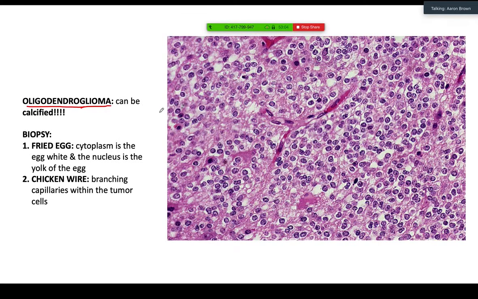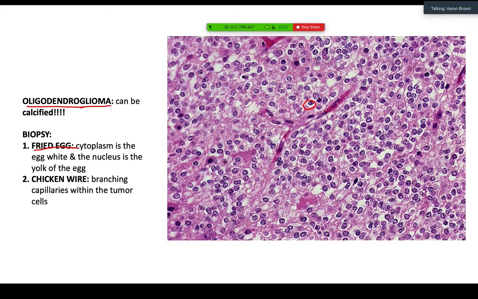All right, so our next type here is our oligodendroglioma. On biopsy, what we see here is this idea of a fried egg cytoplasm. If you look at these cells, number one, we see what kind of looks like an eyeball. Remember when we talked about Orphan Annie eyes in our papillary carcinoma of the thyroid?